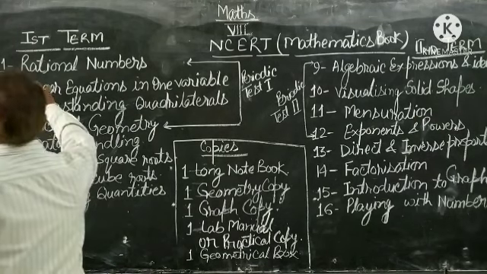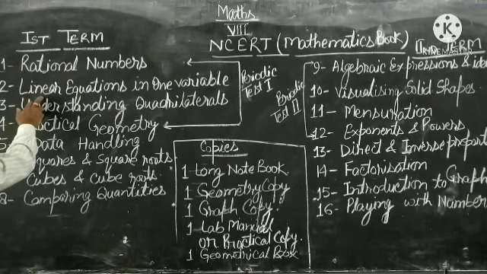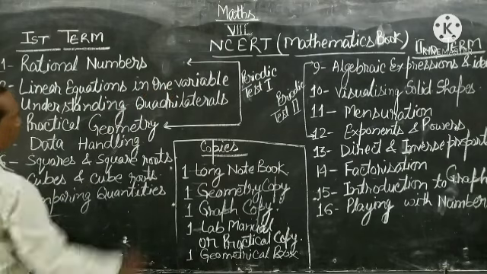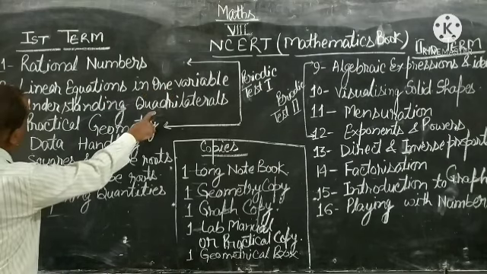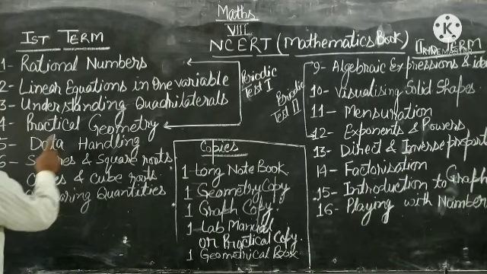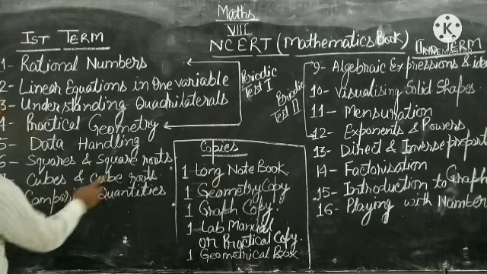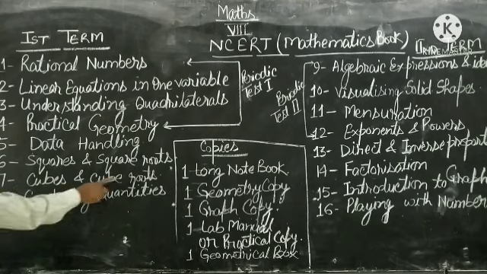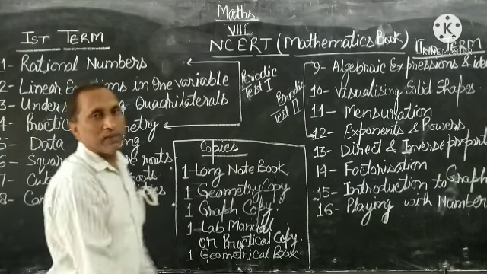The lessons are: first lesson is rational numbers, second linear equations in one variable, third understanding quadrilaterals, and fourth practical geometry, fifth data handling, sixth squares and square roots, seventh cubes and cube roots, eighth comparing quantities.